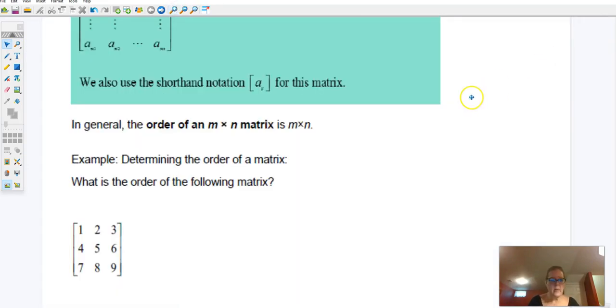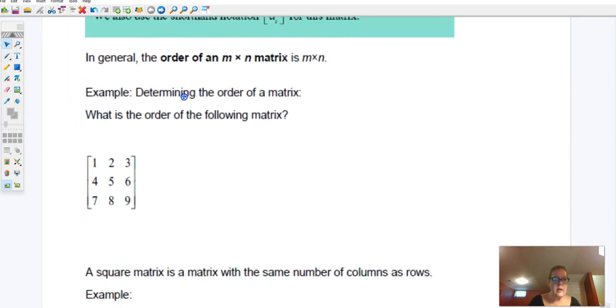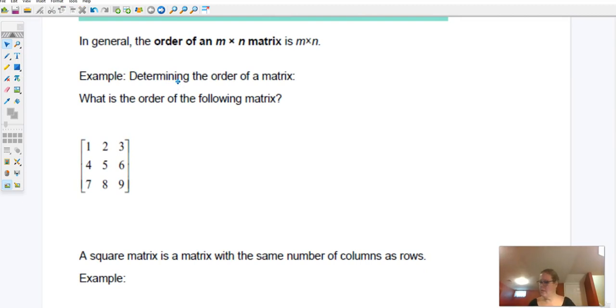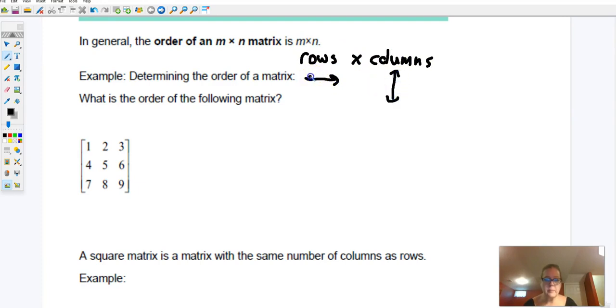Okay, so in general, the order of an M by N matrix talks about the number of rows and columns. So this is a matrix here. Let's get a pen. So the M is the number of rows by the number of columns. And you need to remember that rows go across and columns go up and down.